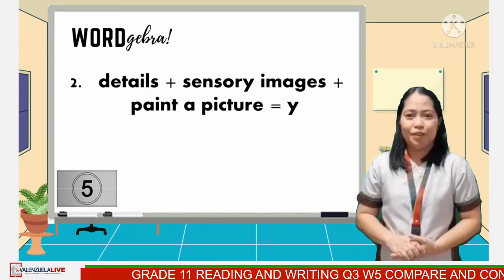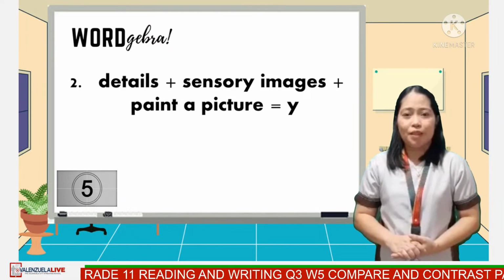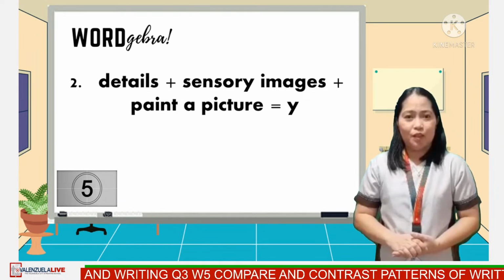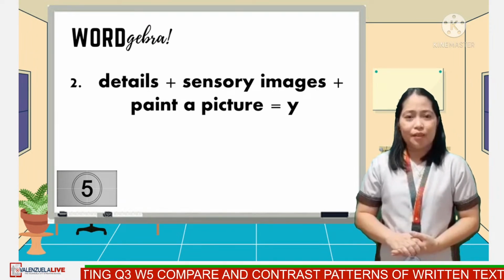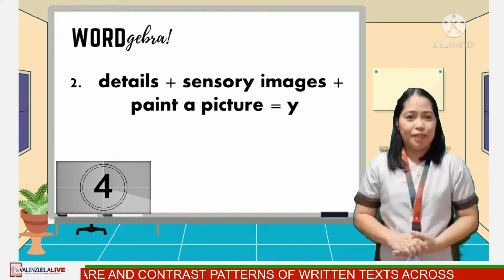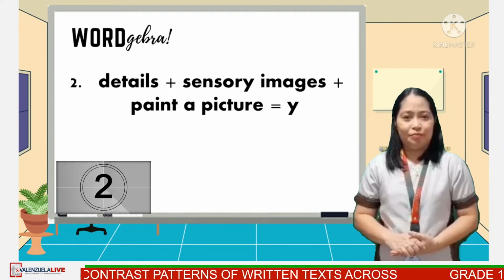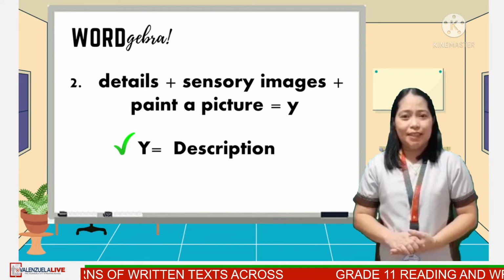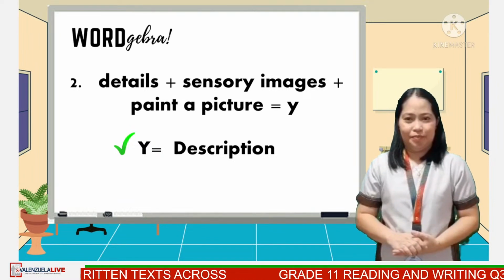Number 2. Details plus sensory images plus paint a picture equals Y. What pattern of development do you think is being described by these sets of words? Good job! The answer is description.